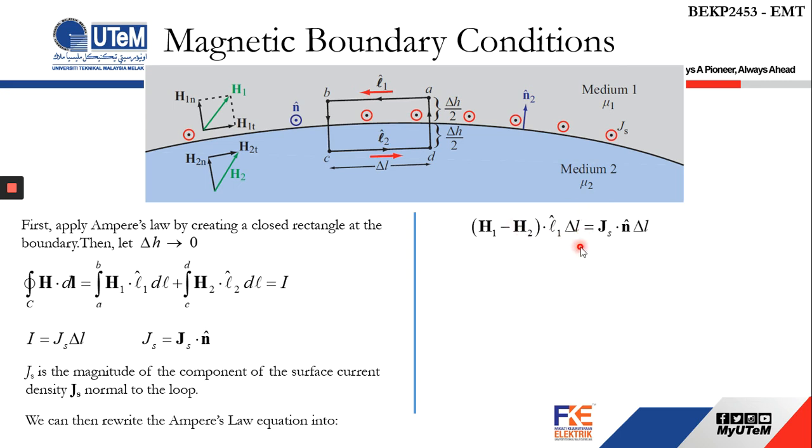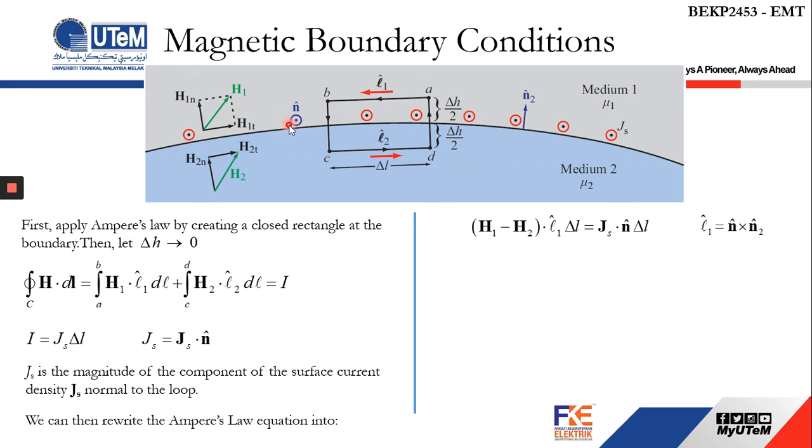So we have delta L representing the differential length, equal to Js dot n delta L from here. So we can cancel the differential length delta L. L1, by right, the direction of L1 here is a product of the direction of the surface current density, n, and the direction normal to the loop, so n2.